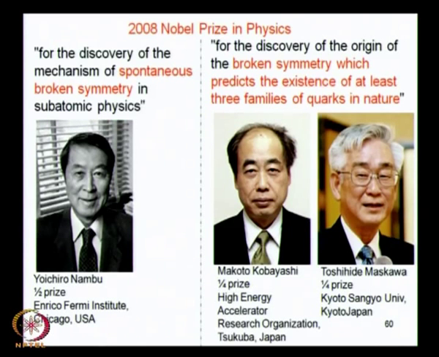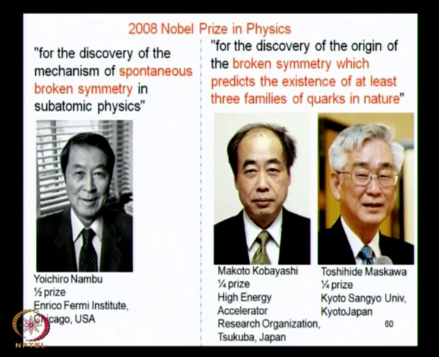In fact, quite recently, just the year before last, the Nobel Prize went for the spontaneous breakdown of symmetry. There is another kind of symmetry that you normally expect, which is the symmetry between matter and antimatter, and if this symmetry is seen to be broken, then what are the reasons for it and how does one understand it.